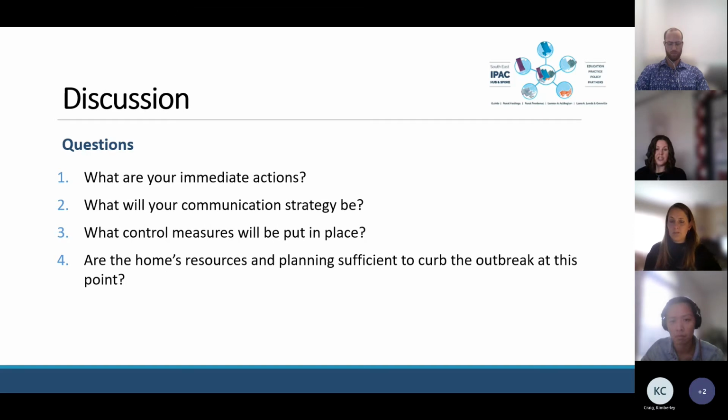With regard to the communication plan and strategy, considerations for communication for staff, residents, family, and potentially the media if there's media interest gained. And what will your control measures be that are put in place? And are the home's resources and planning sufficient to curb the outbreak at this point? So what other supports will be needed related to staffing, testing, physical resources?